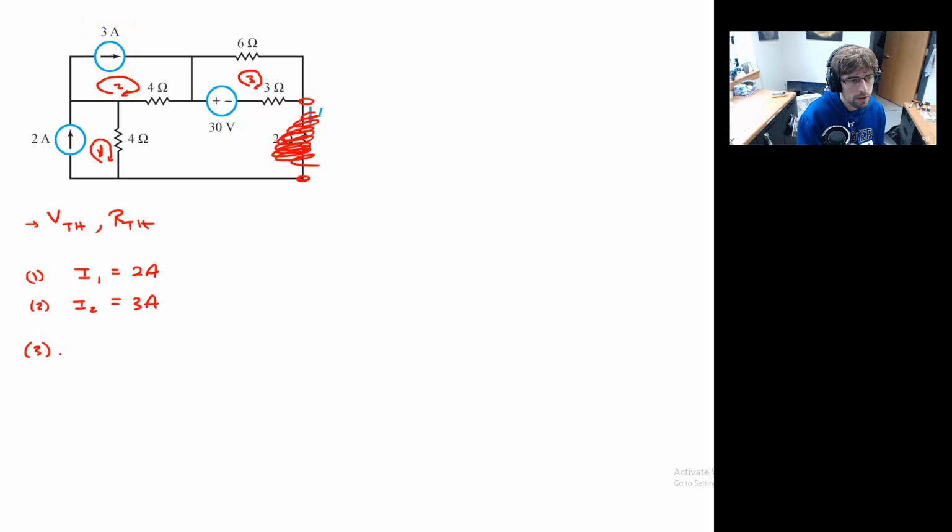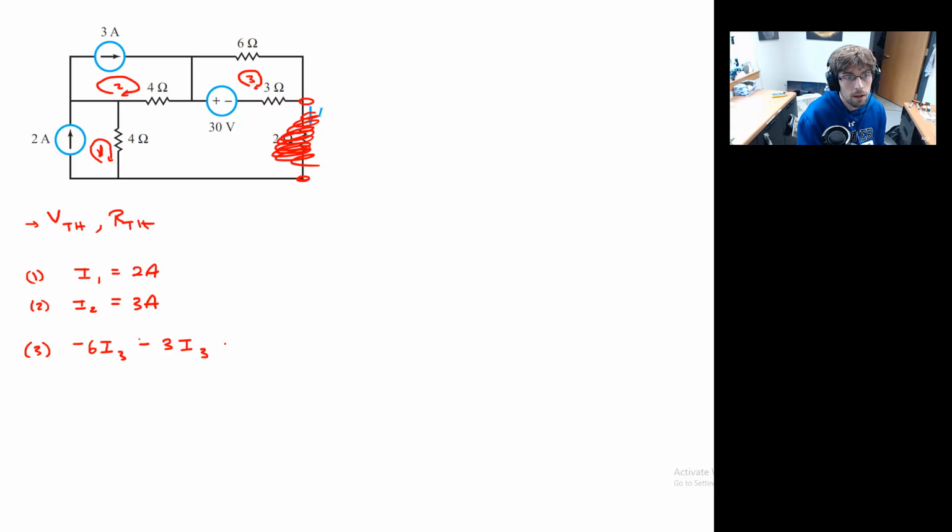And we've got this 3 here. What do we have? We have minus 6 I3. And then because we don't have a connection here, we have minus 3 I3.